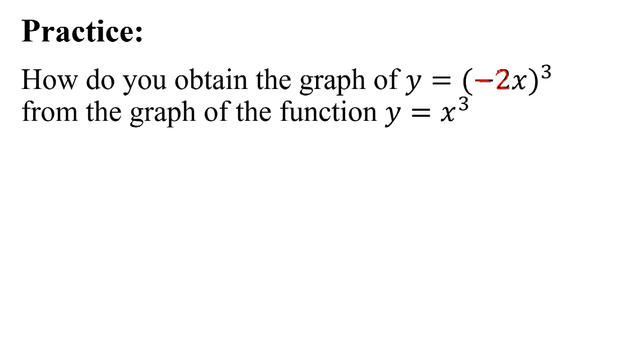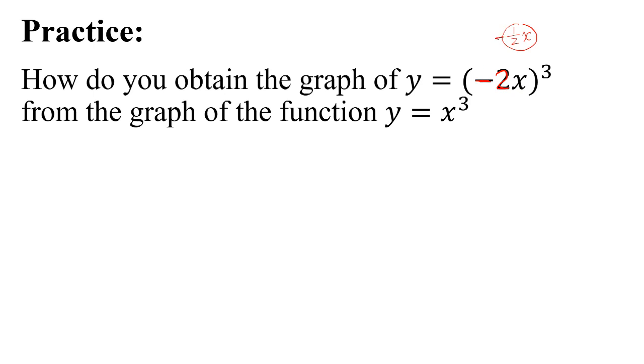So how do you analyze this? We can analyze it like this. In order to keep the y unchanged for every value of x in the original function, we need to put a 1/2 in front of the x in order to keep the function unchanged, right?